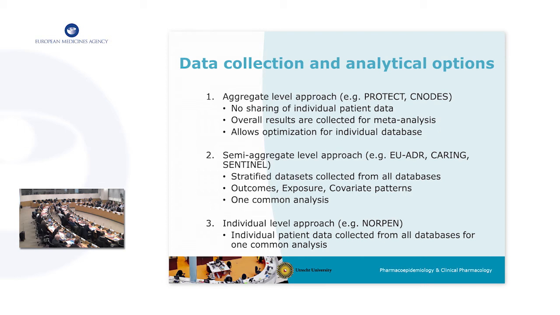So privacy is mainly preserved in these central analyses that you can then conduct. And in some situations, it is actually possible to pool data from different databases together at one place. And this has been done, for instance, in the NORPEN network, the Nordic databases.